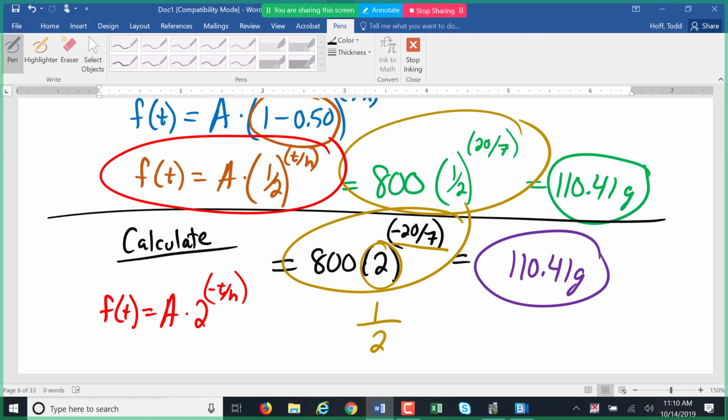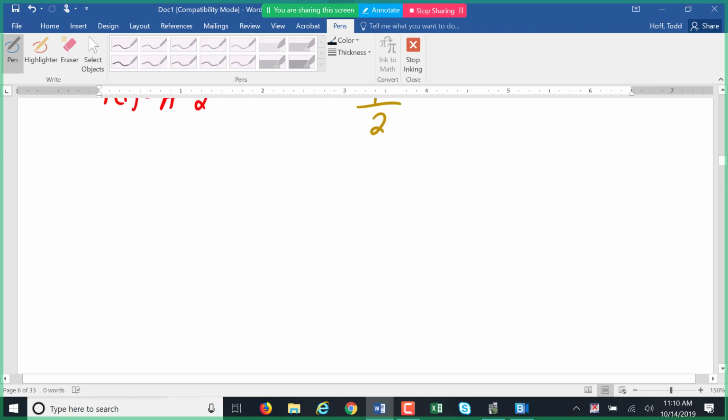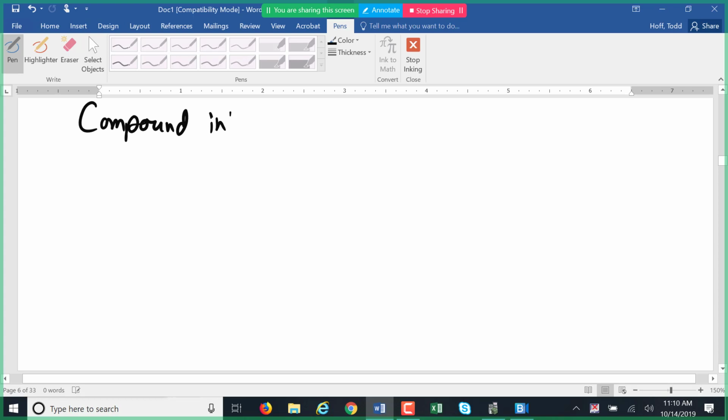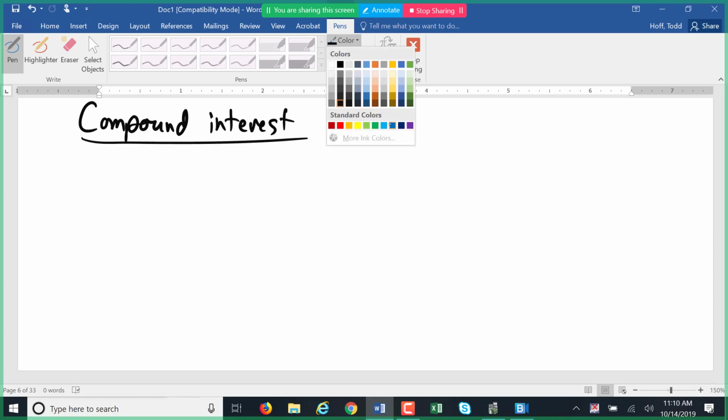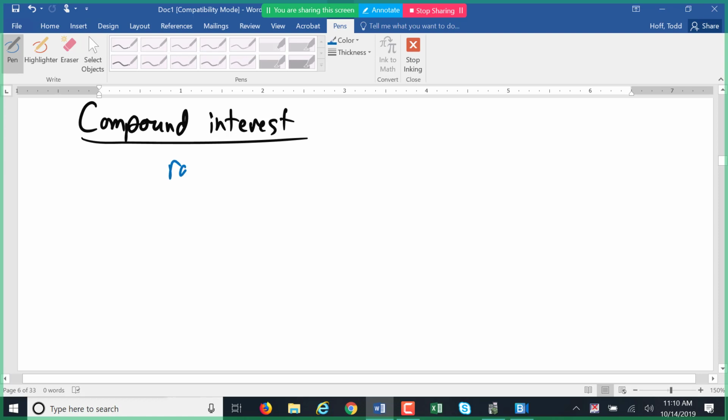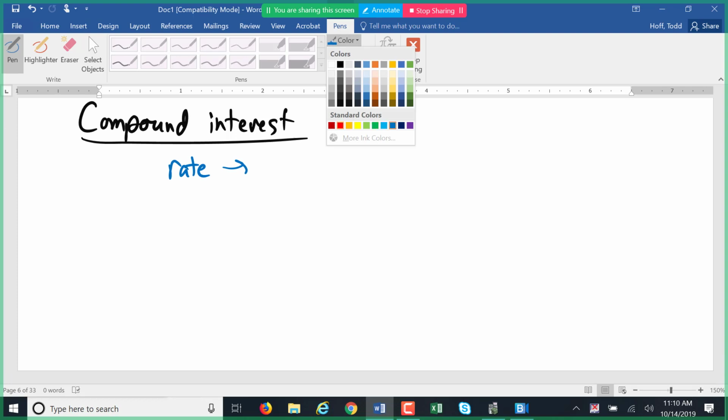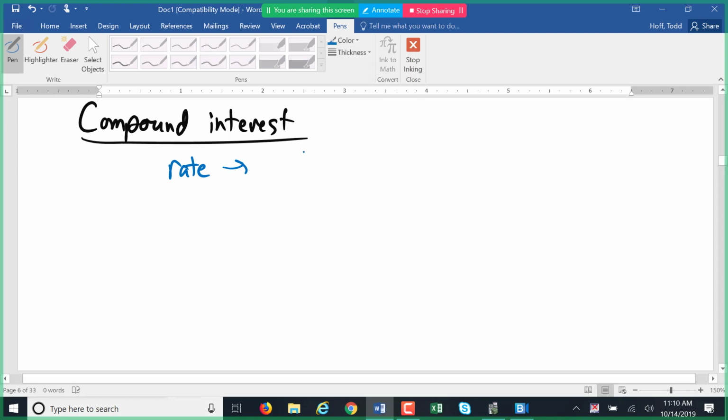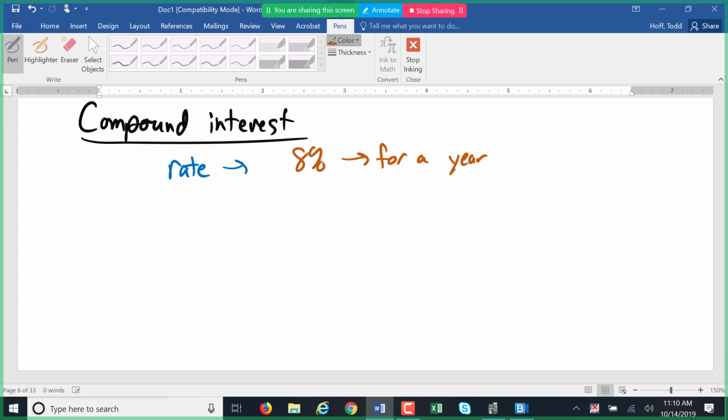Of course, our most common example of exponential growth is probably compound interest. Compound interest, there are two things we need to adjust. The rate. If I give you a rate of 8%, that is for a year. But our compounding periods usually are not annually.